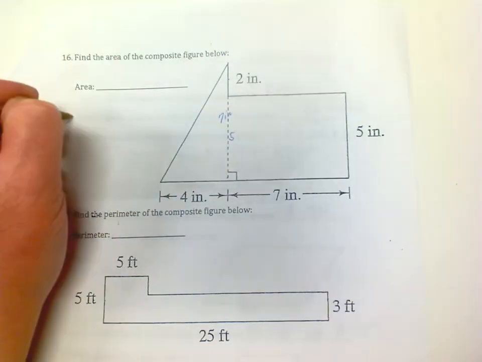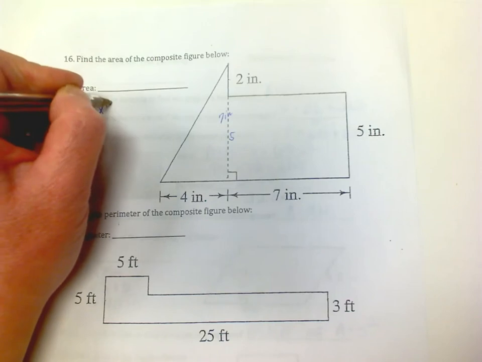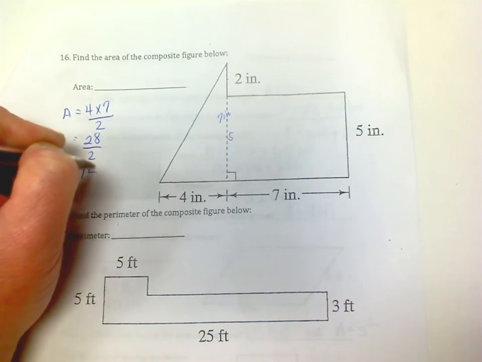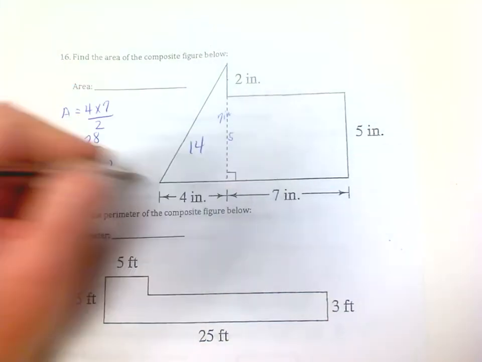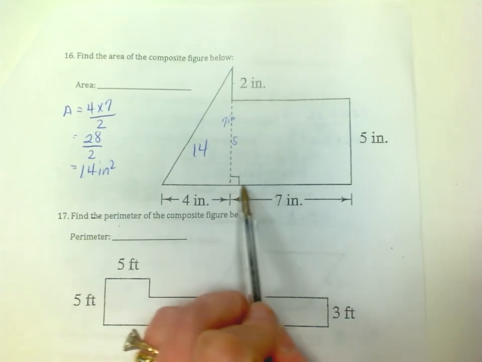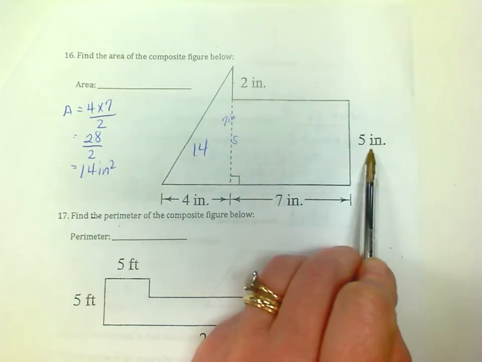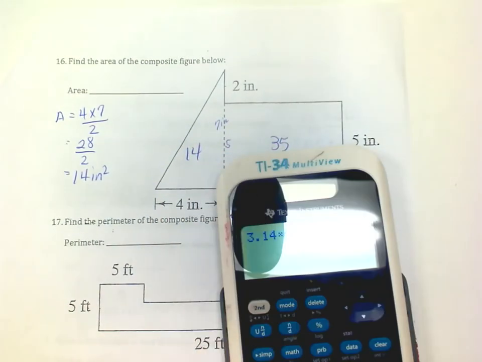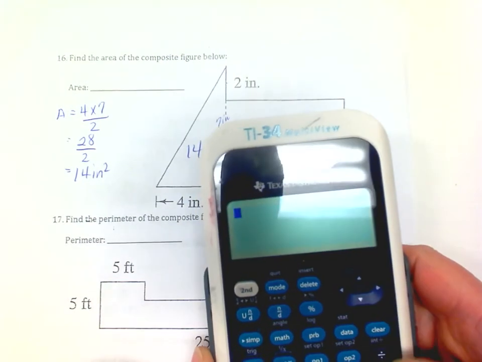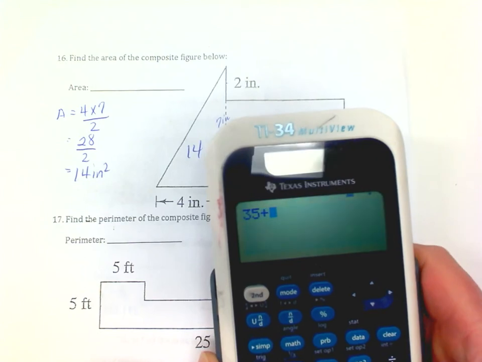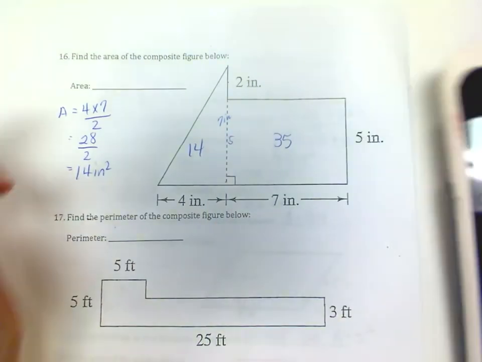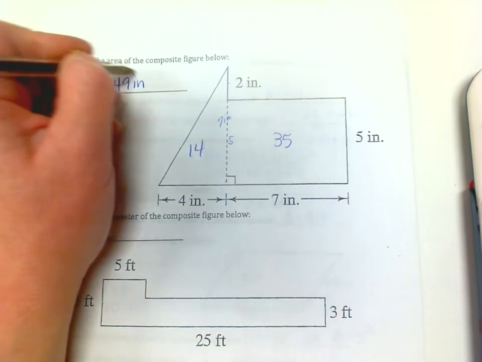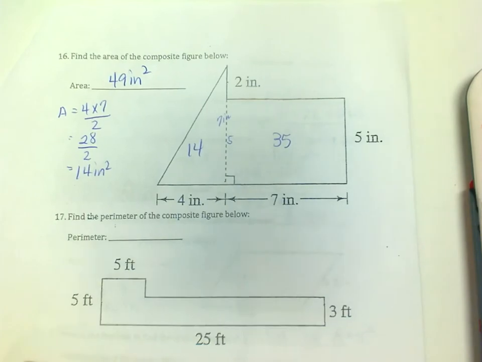So 4 times 7 divided by 2. 4 times 7 is 28, divided by 2 is 14 square inches. So I know this one is 14. And then over here, base times height. So 7 times 5 is just 35. Then we add those together, 35 plus 14, 49 inches squared.